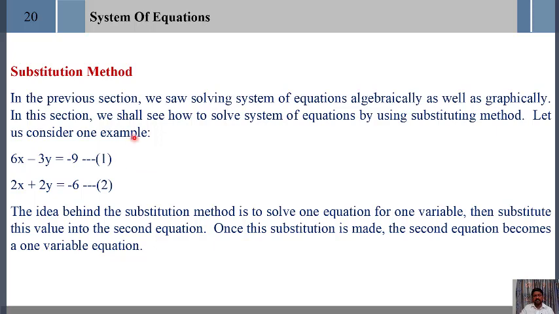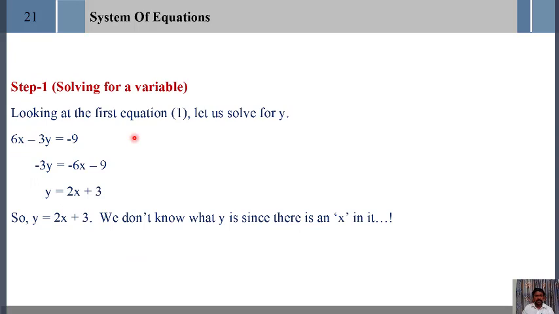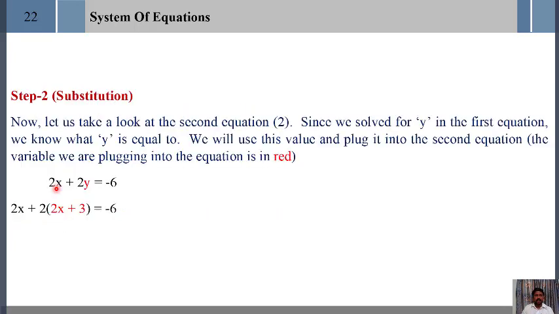Consider equation 1. From the first equation, I am going to find the value of y in terms of x. Now simply substitute the value of y in terms of x into the second equation. That is what we are going to see.